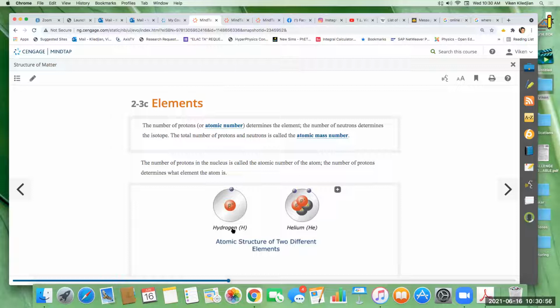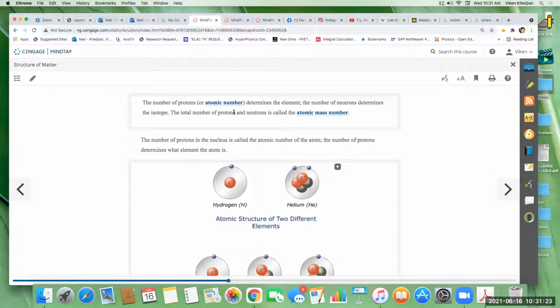So it's hydrogen, you see, and then helium has 2 protons. Natural helium will have 2 protons, 2 neutrons, but an isotope of helium will have maybe more or fewer neutrons. Same thing with hydrogen. You can have a hydrogen isotope that has an extra neutron in there. So those are called isotopes.